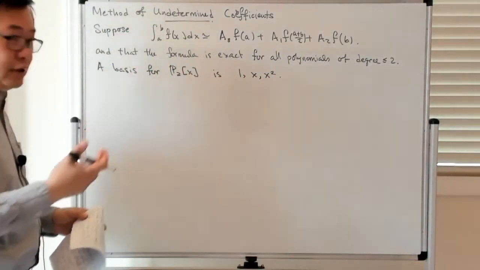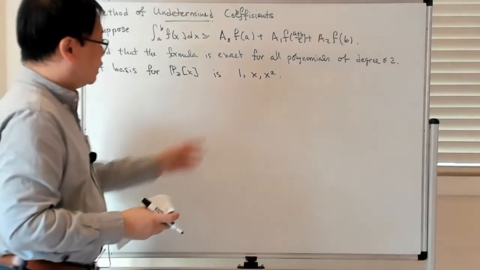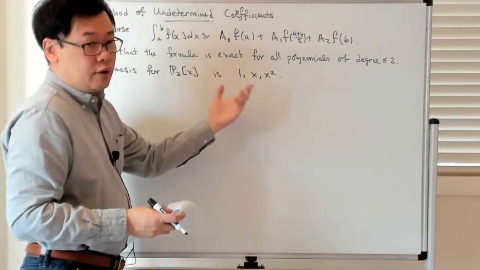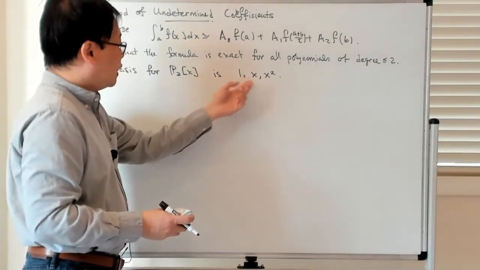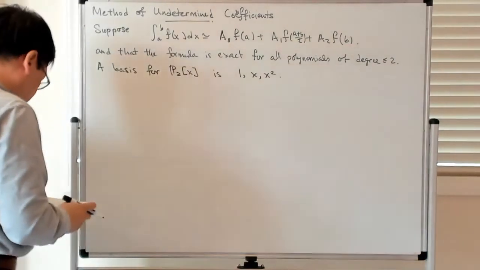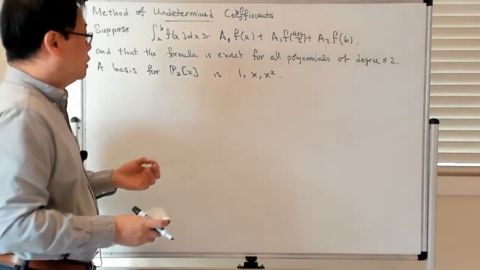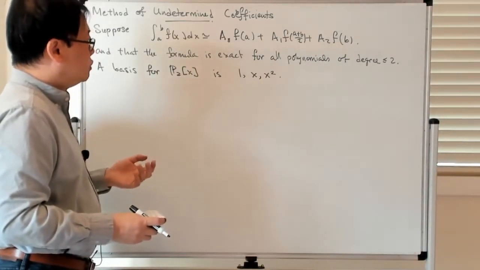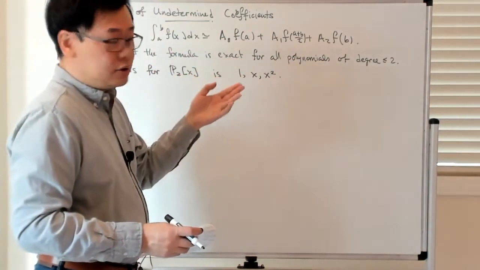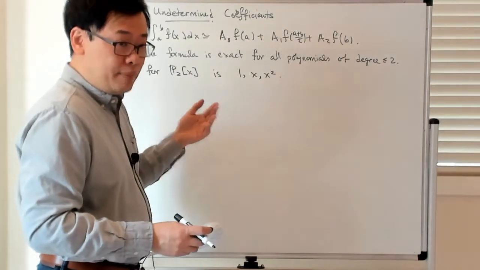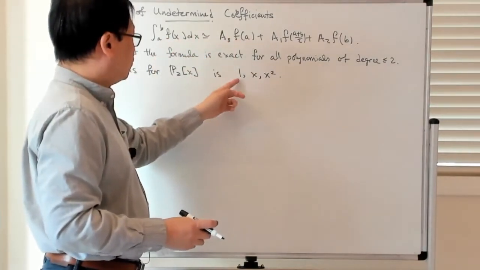It's easy to convince yourself that any polynomial of degree less than or equal to 2 can be obtained by a unique linear combination of these functions. And because of linearity of the integral, all you really need to do in order to guarantee that a formula is exact for all polynomials of degree less than or equal to 2 is that it is exact for a basis for that function space. So I just need to check this for 1, x and x squared.